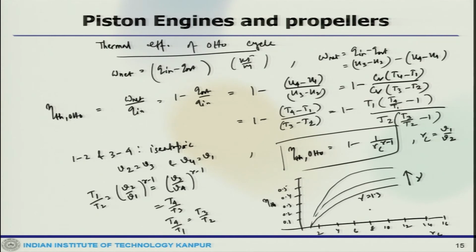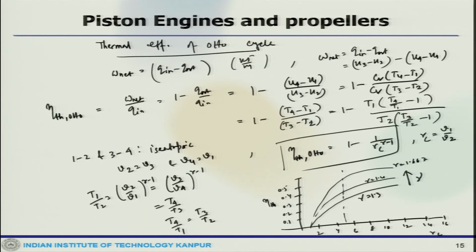Now, for a particular given compression ratio, let us say gamma 1.4 and gamma 1.667, the monoatomic gases like argon or helium will have higher thermal efficiency compared to the heat ratio of 1.3 in the same.